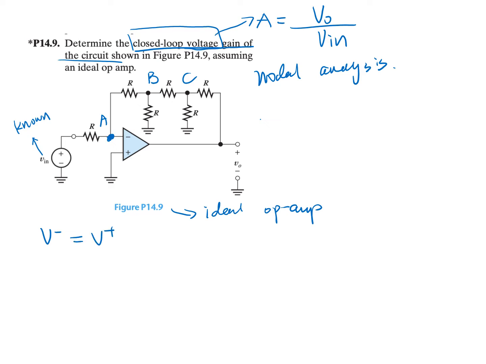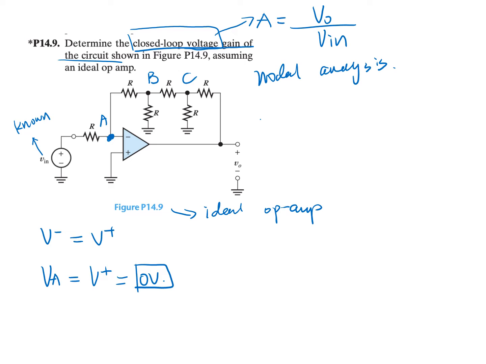So here, VA is equal to V positive, that's 0 volt. So we know the value for VA, but in order to find Vout, we also need to know other node voltages. For example, the node voltages at points B and C, that's VB and VC. So let's find them.